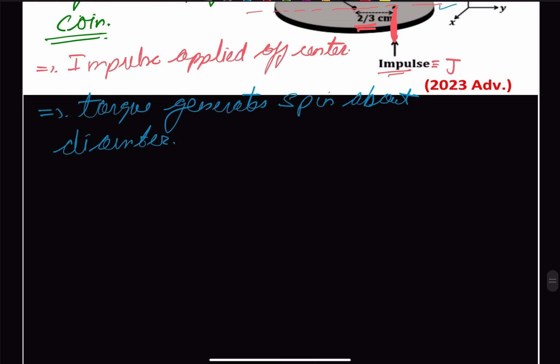And we can write that our angular impulse will be equal to J multiplied by distance r, and that is equal to I multiplied by omega.